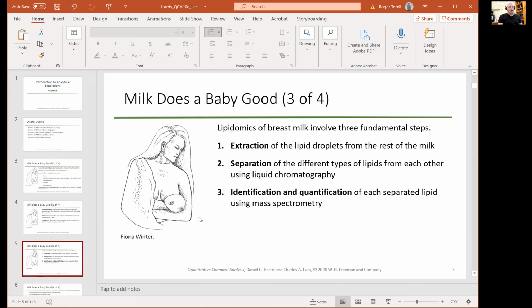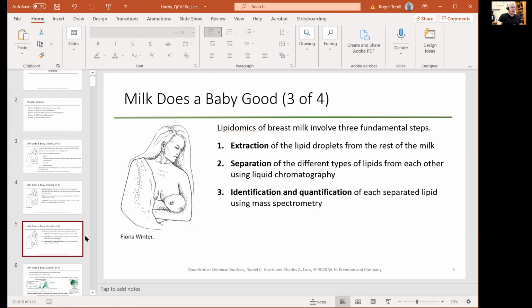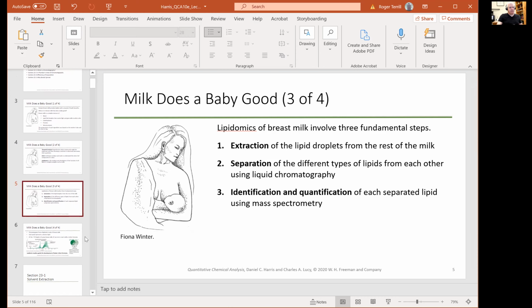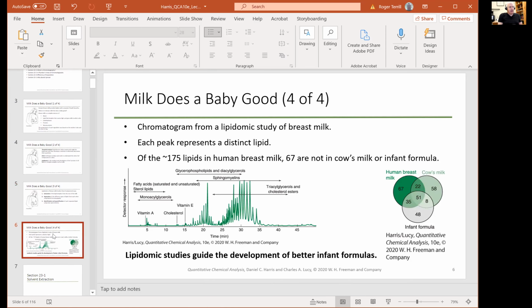When you want to analyze breast milk, basically you're doing three things: extracting, separating, and identifying and quantifying each lipid, if you want to do lipidomics.